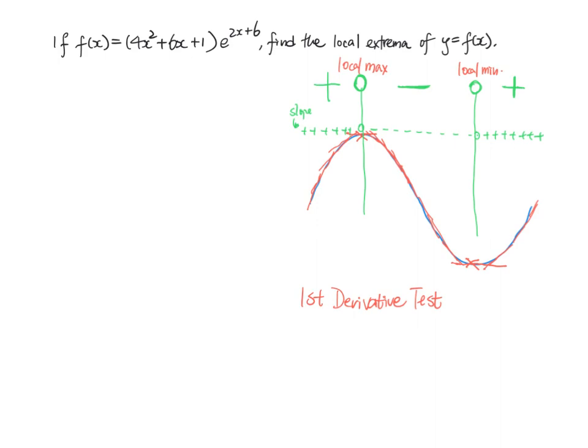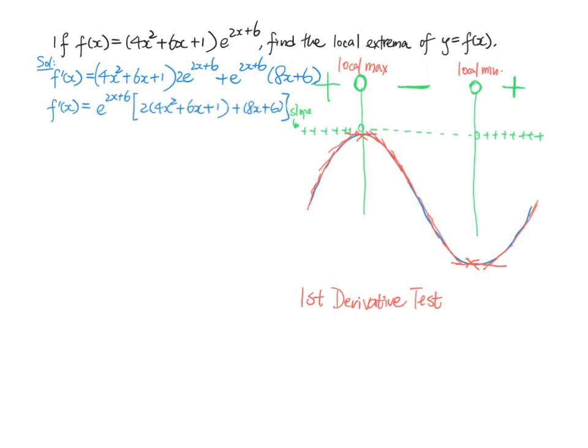We are going to use this test to find out where the local maximums and the local minimums are for this function. So to start, I take the derivative of f of x. Here we're using the product rule, and then I simplify it by taking out common factors and completely factorizing it.